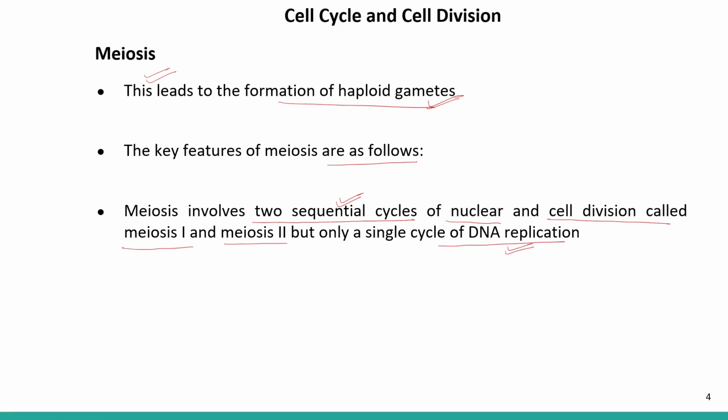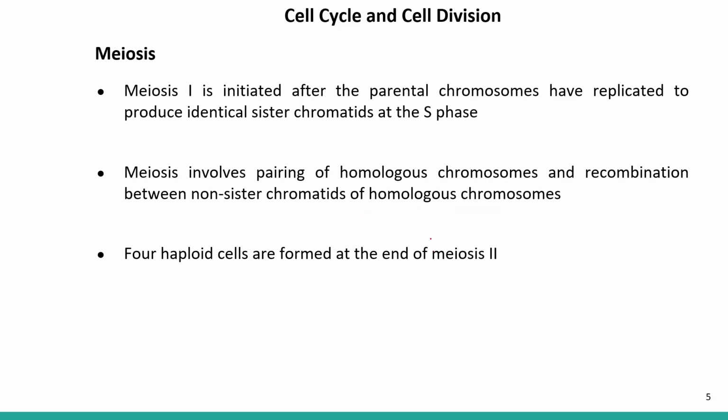For the doubling of the chromosomes, there is the process of DNA replication that occurs in the S phase of interphase. So DNA replication doesn't occur two times, as we can see that two sequential cycles take place, but there is a single cycle of DNA replication. Let us see how it happens.